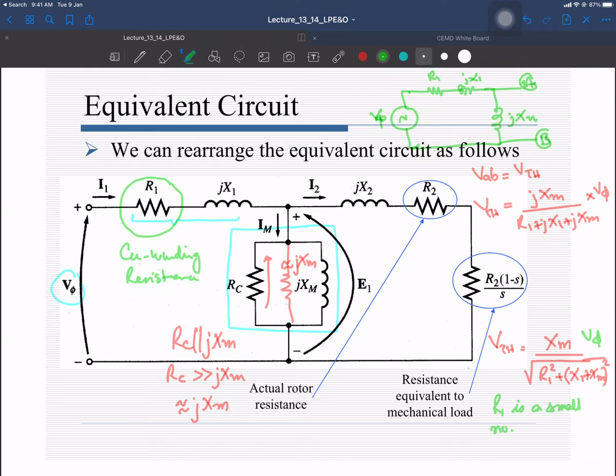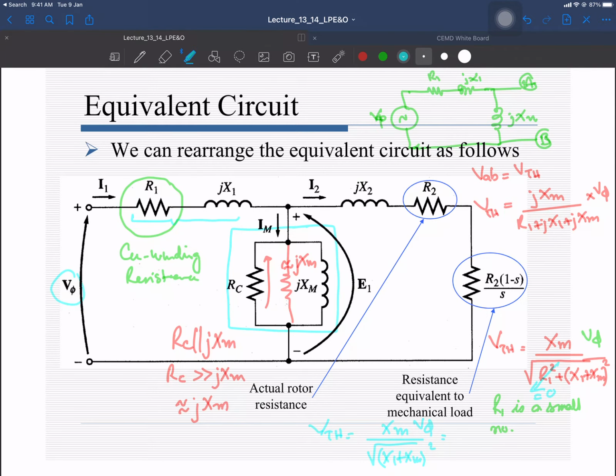So its square will be even smaller, so we can neglect this part. If we neglect this part and consider it equal to 0, then the Thevenin voltage appearing between point A and point B can be written as XM divided by the square root of (X1 plus XM) whole square. So square and square root will cancel out.